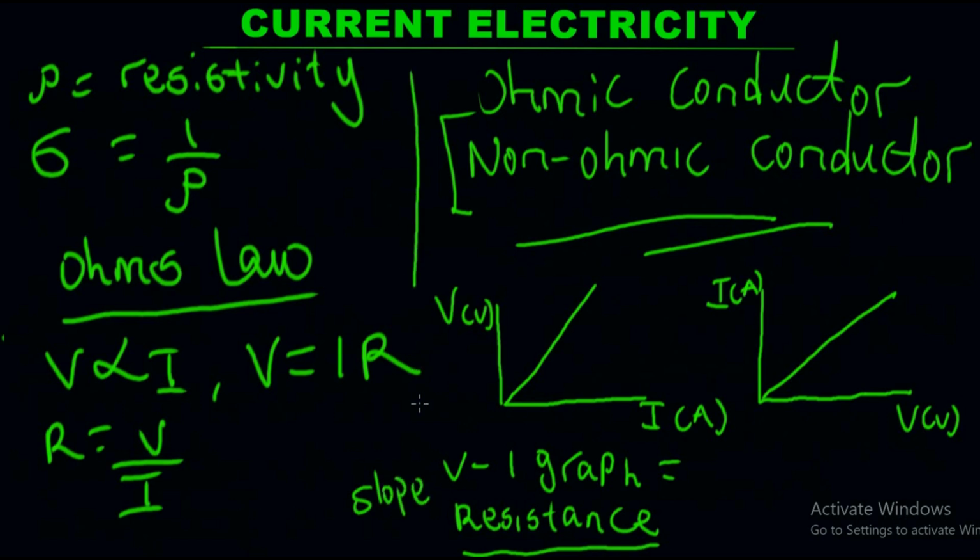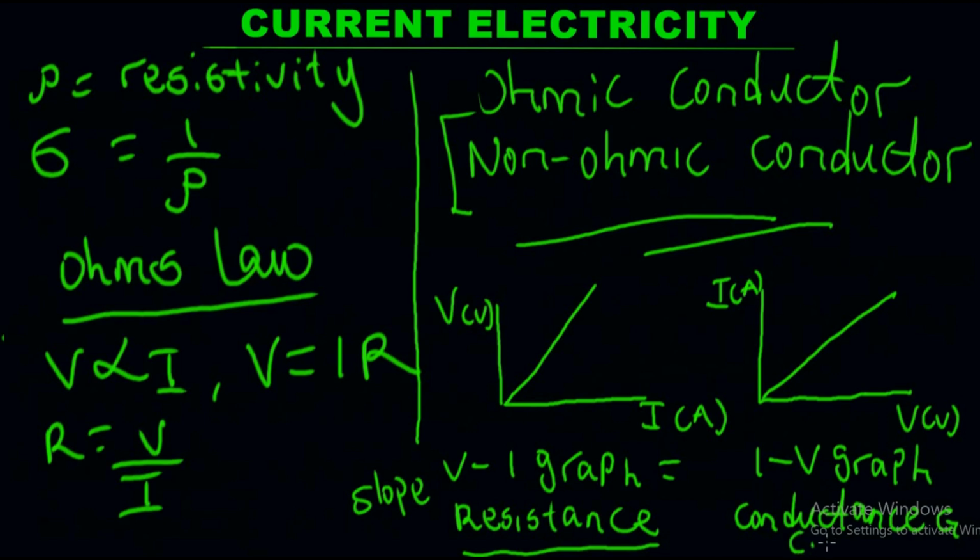Then the slope for the second graph, which is called the IV graph, is equal to the conductance, which is G.